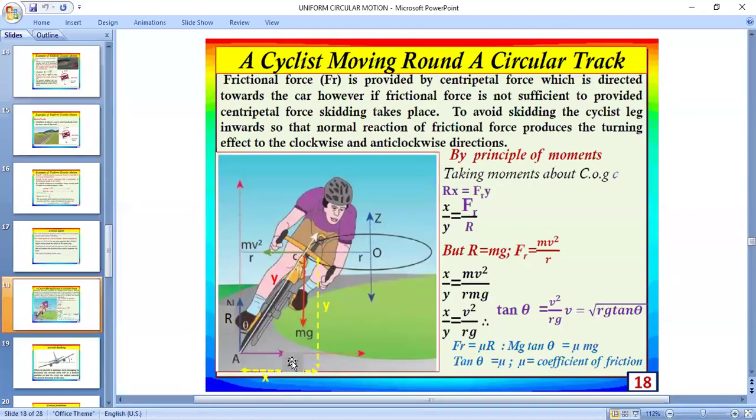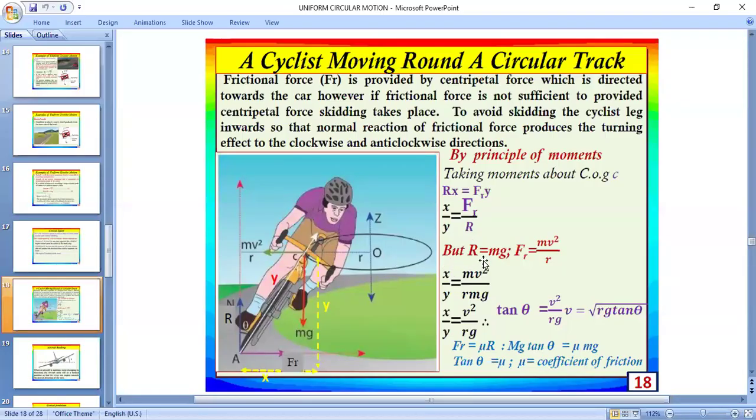R times X, that is the clockwise moment, equals to anti-clockwise moment, which is friction, this one, multiplied by Y. Y is from down here all the way to C. So Rx equals to friction times Y. So when we express X over Y, we get friction over R.